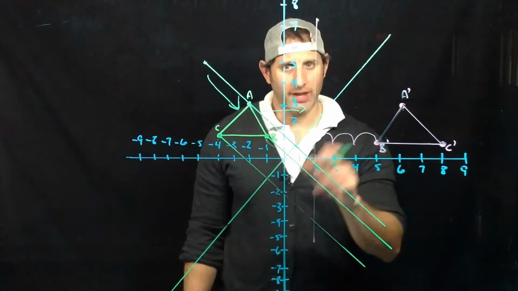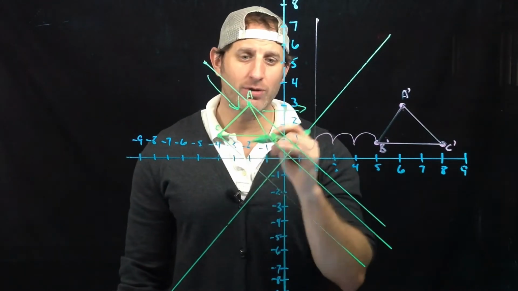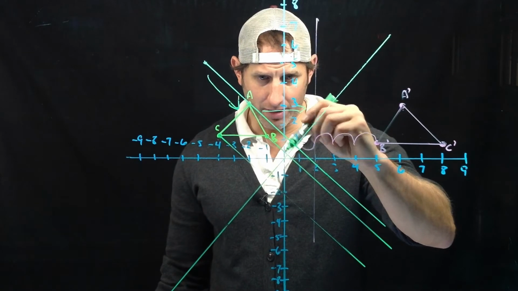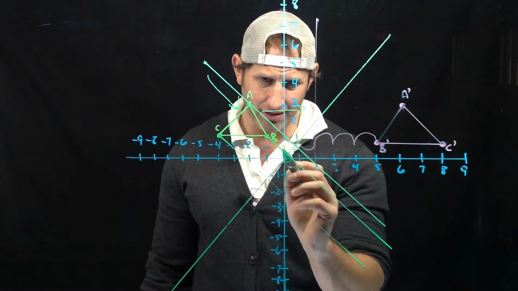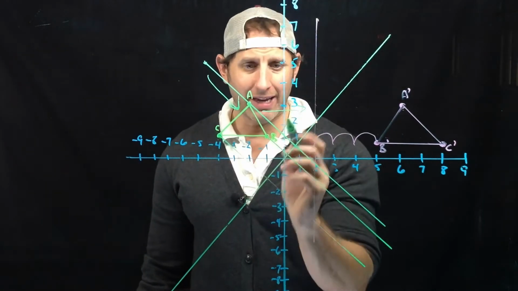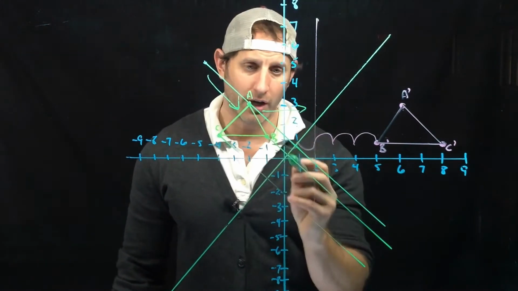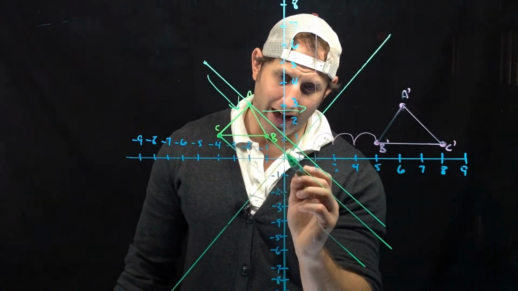And now that I have this, I'm going to count the diagonal spaces. So this becomes one space to the mirror line. I'm going to go one space out from the mirror line. It's kind of in between. You don't want to count over one, down one, over. It's just going to be too convoluted. So what you want to do is measure the diagonal space that you have through here.